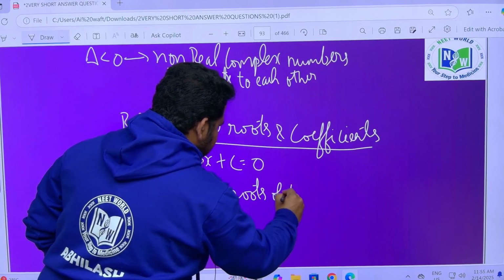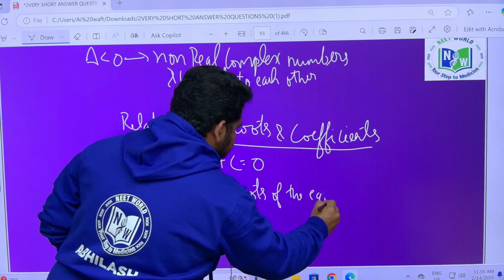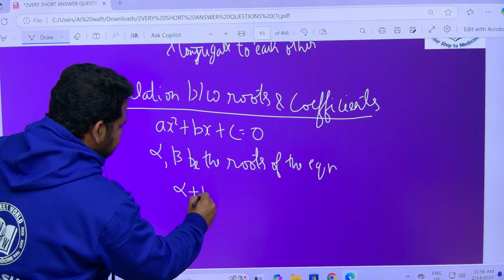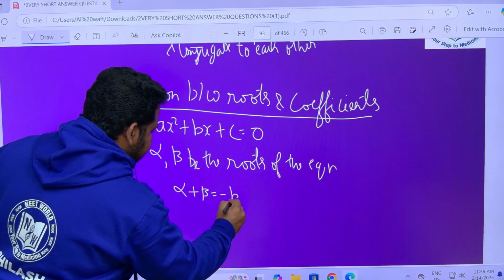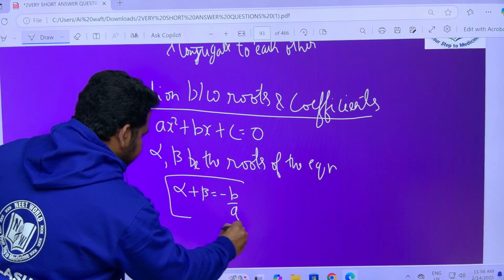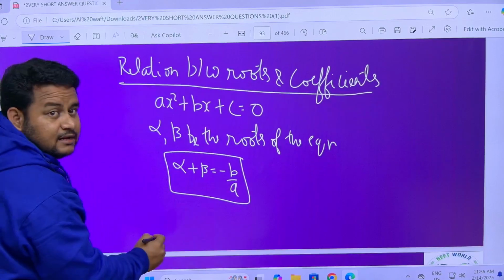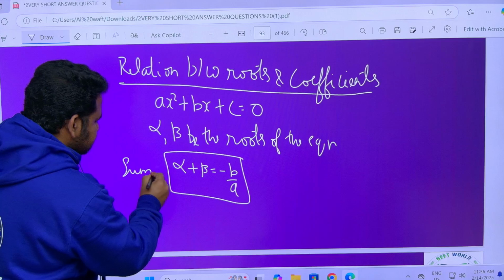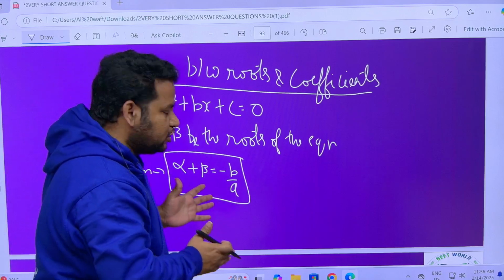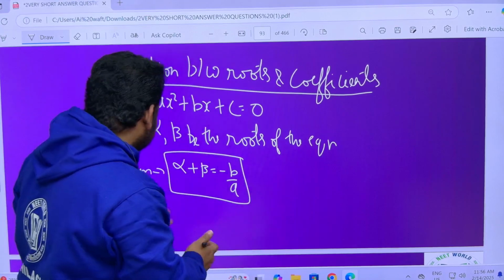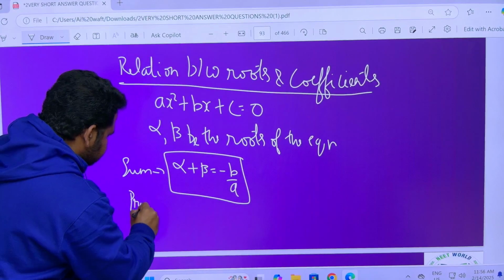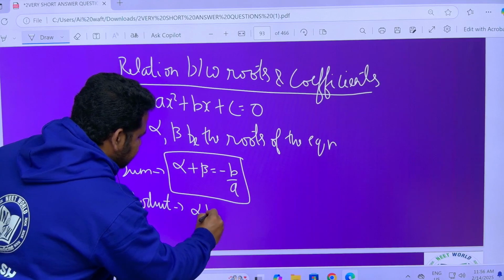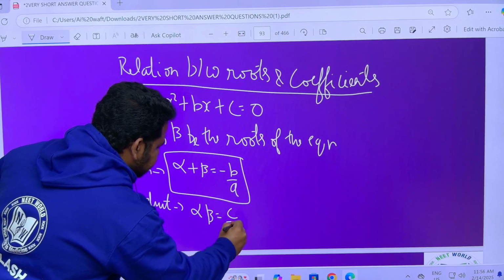Then the sum of the roots, alpha plus beta, is given by minus b by a. This you have to remember, a very important result. Next, product of the roots, friends, is given by alpha beta is equal to c by a.